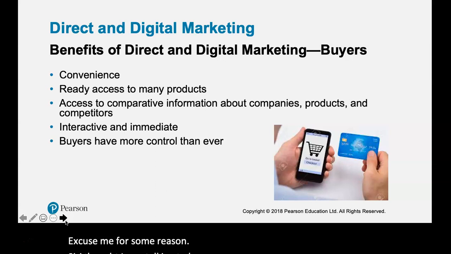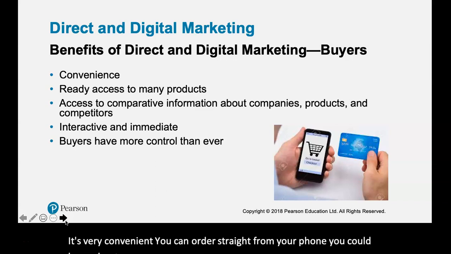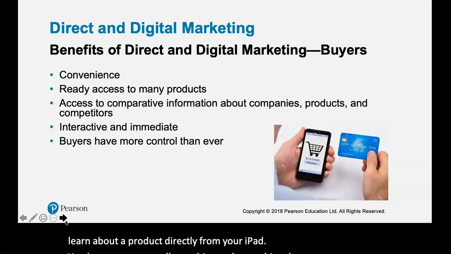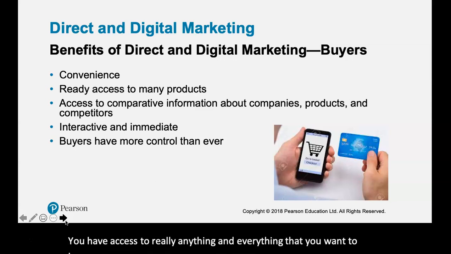So what are some of the benefits of direct and digital marketing? Well, let's look at the benefits for the buyer, the consumer. It's very convenient. You can order straight from your phone. You can learn about a product directly from your iPad. You have access to really anything and everything that you want to know about as far as products.